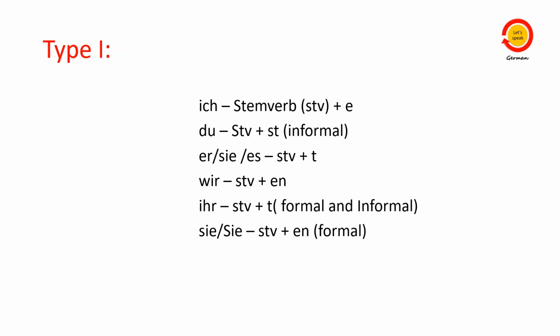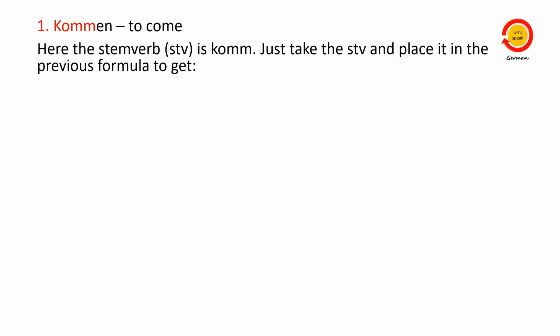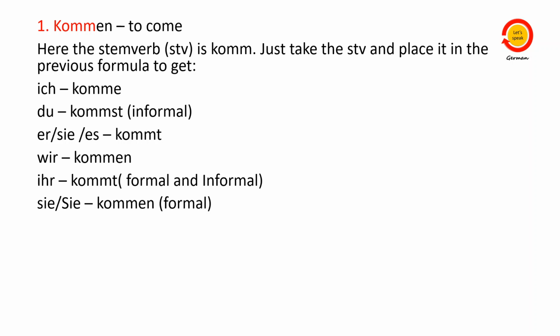The first verb which comes under type 1, kommen, to come. Here the stem verb is komm. Just take the stem verb and place it in the previous formula to get: ich komme, du kommst, er, sie, es kommt, wir kommen, ihr kommt, sie kommen.